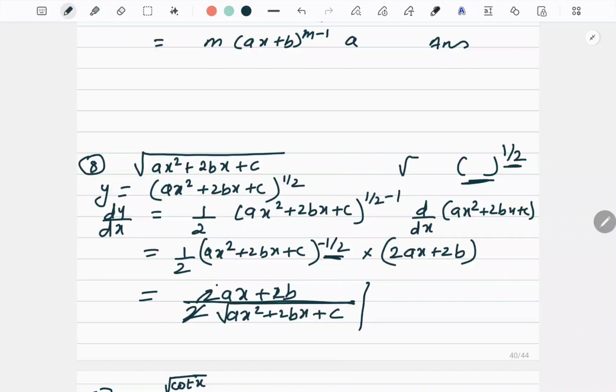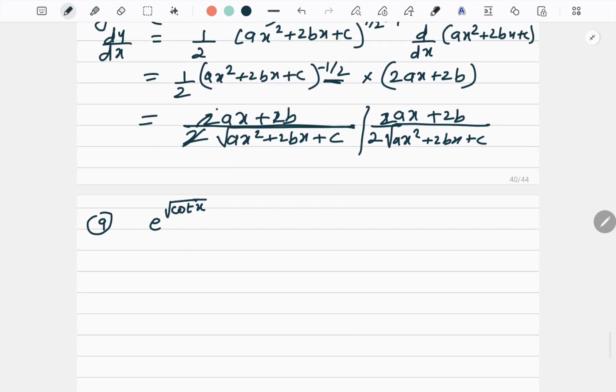If you want to do it directly, remember I told you the root x differentiation as a formula. Root x differentiation is 1 by 2 root x. So this will become 1 by 2 root x, and what is the x? x is this whole bracket. And then go inside the bracket, so it is 2ax plus 2b. That's it, and then 2 can get cancelled. So directly also you can do it.